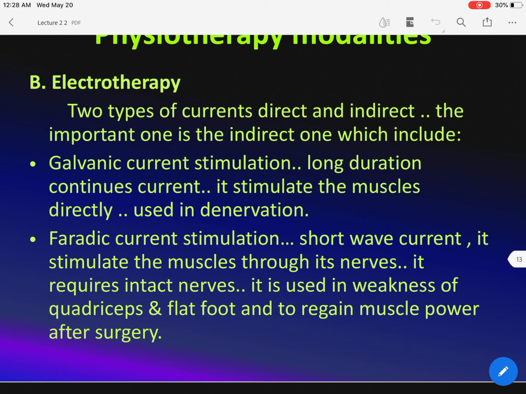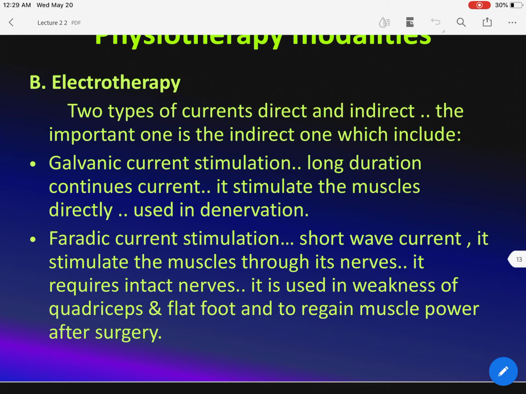It stimulates the muscles directly, used in states of denervation, nerve cut, nerve death, nerve fibrosis, whether temporary or for a long time. We use galvanic just to give stimulation to the muscles to keep them contracted and relaxed, to keep their contour, the muscle bulk, until re-innervation of the muscle is achieved.